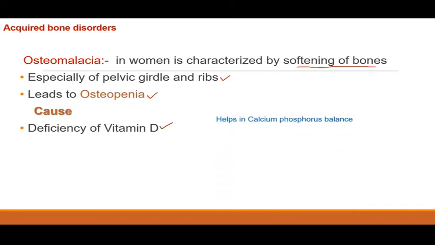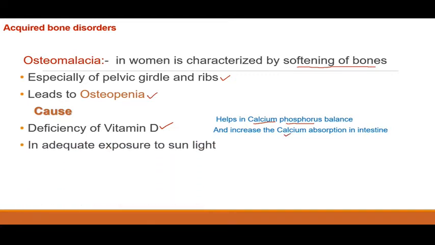This vitamin D helps in calcium and phosphorus balance in the body fluids and increases calcium absorption in the intestine. The deficiency of vitamin D may be due to a number of reasons, which include inadequate exposure to sunlight, as ultraviolet radiation of sunlight changes provitamin D to vitamin D in skin cells.